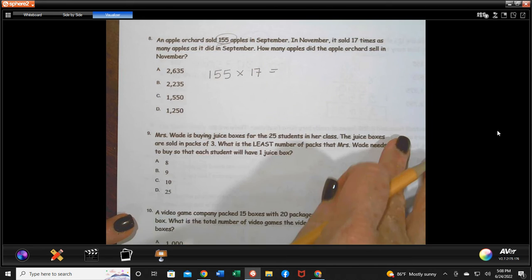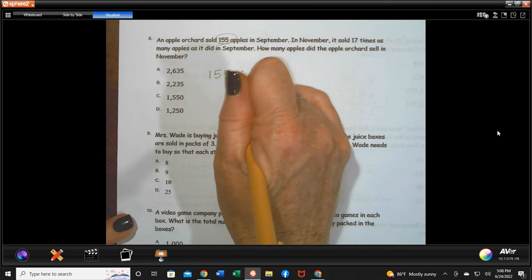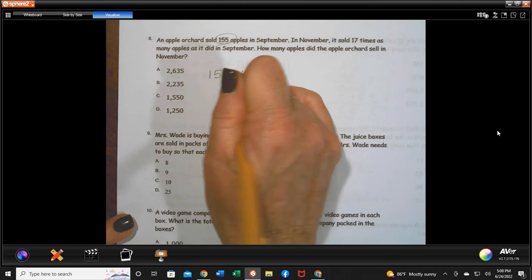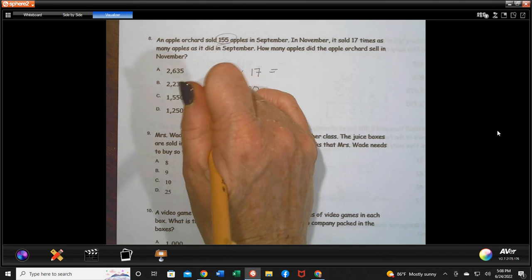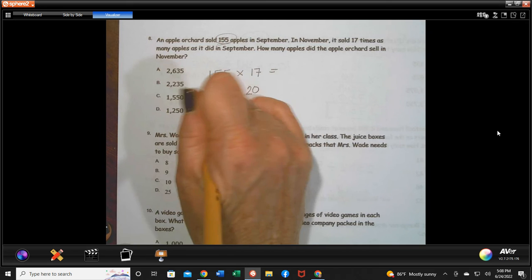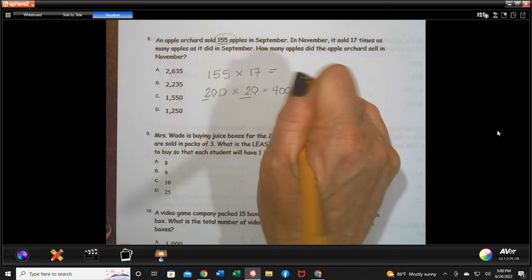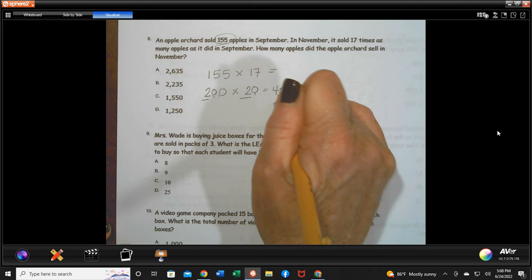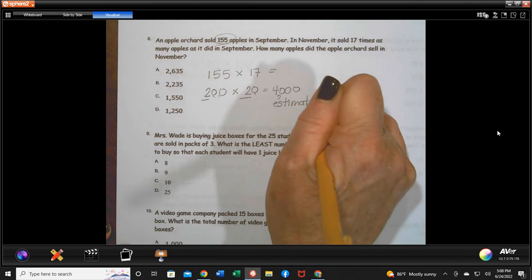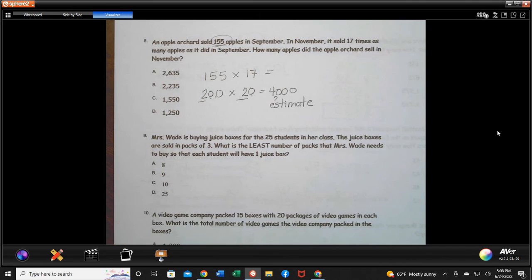So I am going to use this to help me. 17 rounds to 20. 155 rounds to 200. 2 times 2 is 4, and I have 3 zeros. So I have an estimate of about 4,000, and that's an overestimate. I have an estimate of about 4,000 apples.